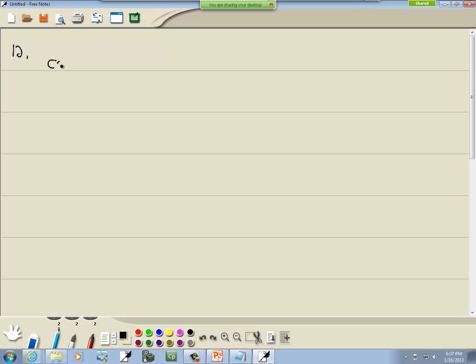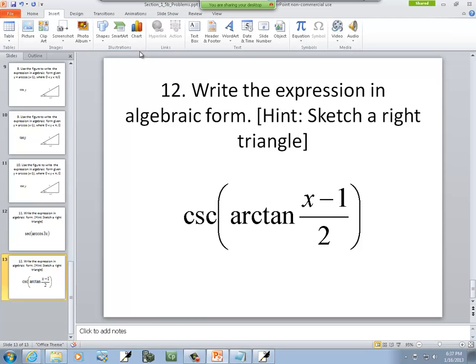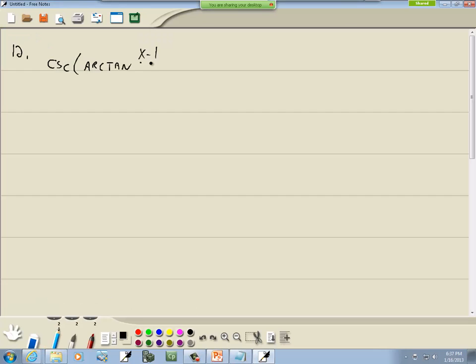So we got cosecant of arc tangent of (x minus 1) over 2. Okay, again, we're going to start with what's inside the parentheses, set equal to p. So we got p is equal to arc tangent of (x minus 1) over 2.